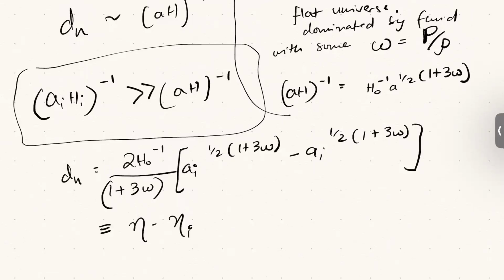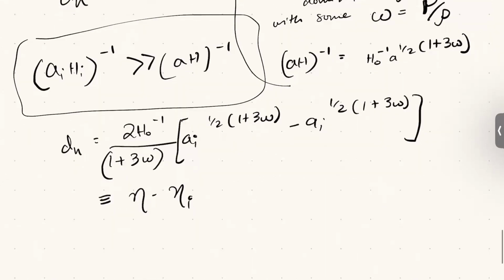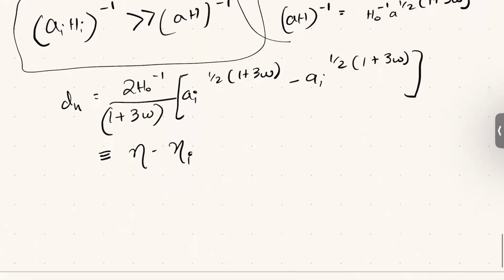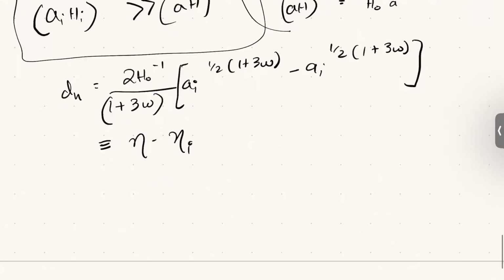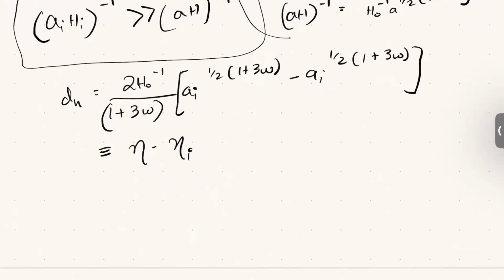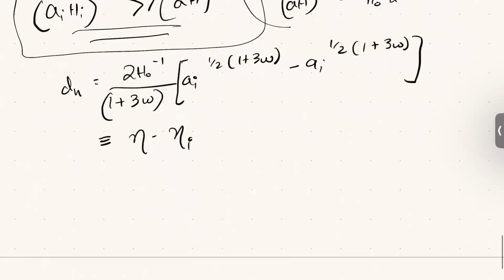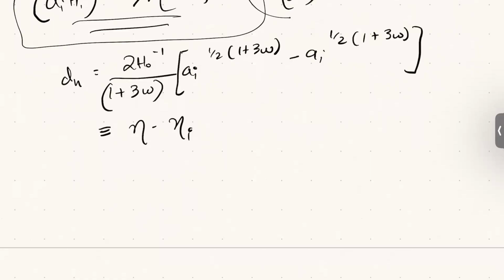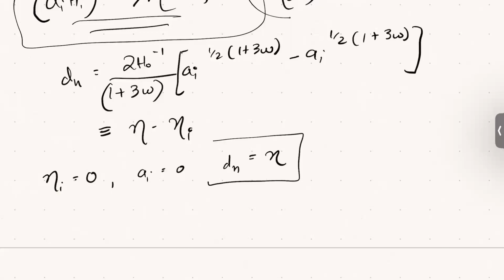Let me now imply that I have a shrinking Hubble sphere. Okay, so if I imply that I have a shrinking Hubble sphere, that means implying this particular condition, I will see after I set eta I equals to 0 for aI equals to 0, we will get something that is equal to conformal time.